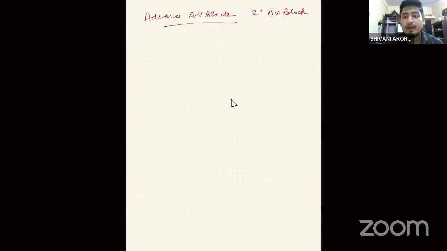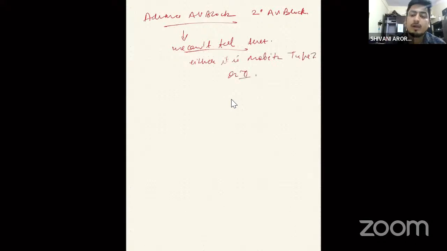What happens in advanced AV block is that we cannot tell whether it is Mobitz type 1 or 2. Why? Because we don't have any PR interval to compare. In a normal second degree AV block, we have in each cycle more P waves to compare, while in advanced second degree AV block, we don't have more PR intervals to compare.